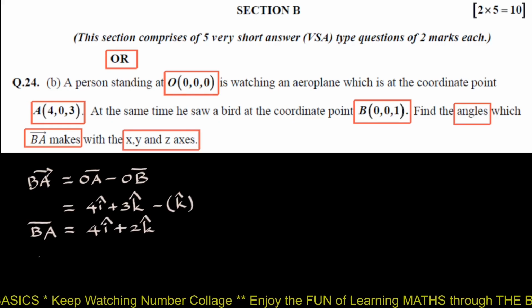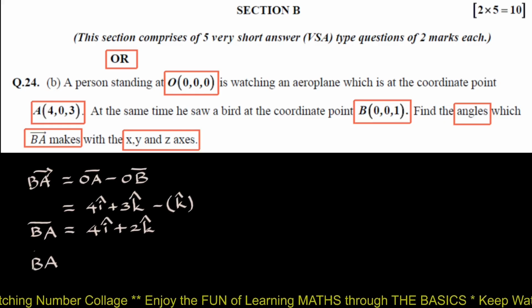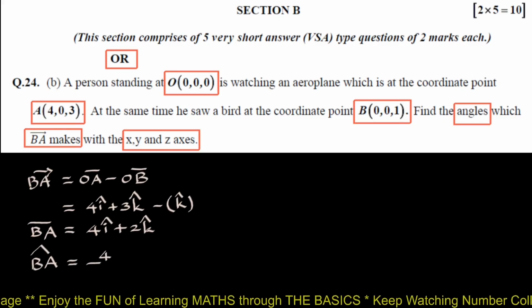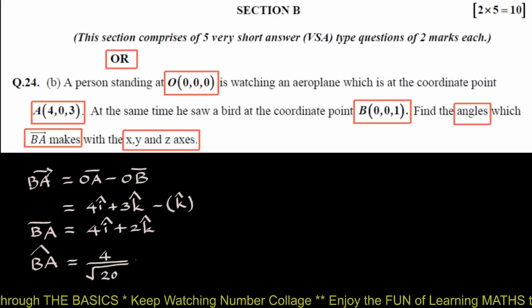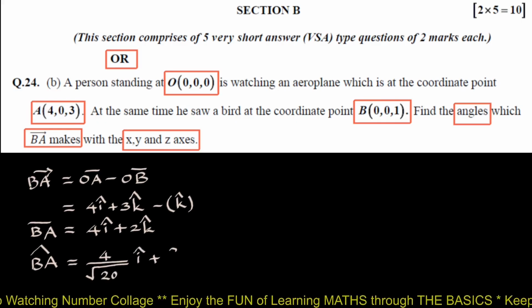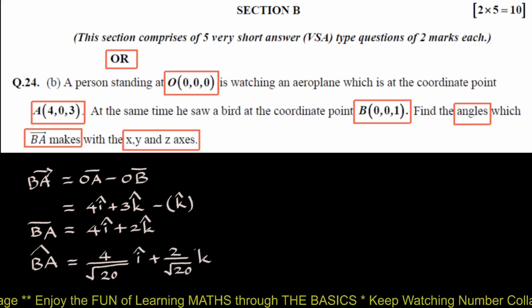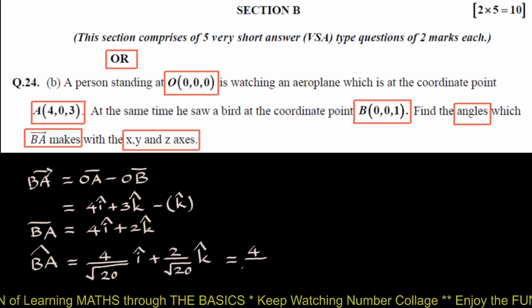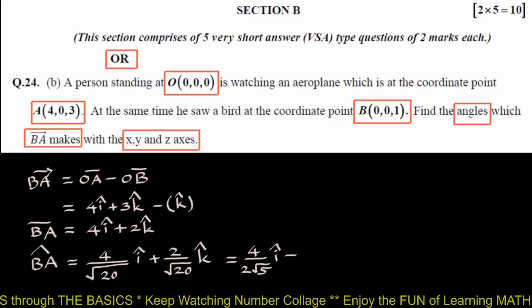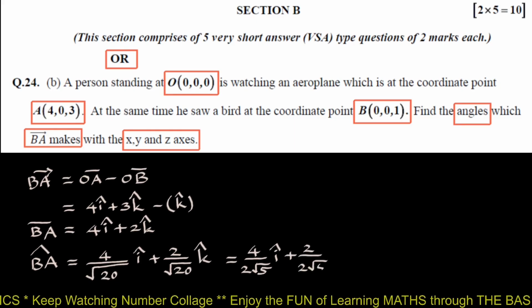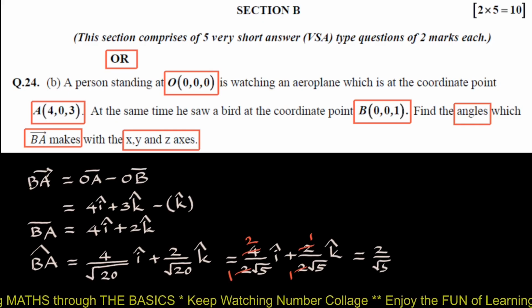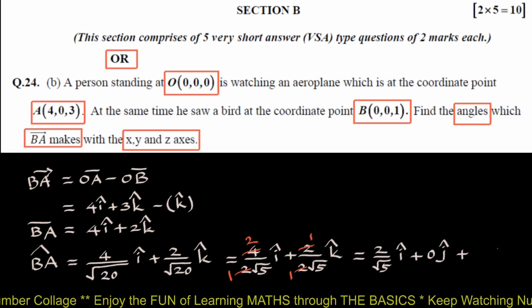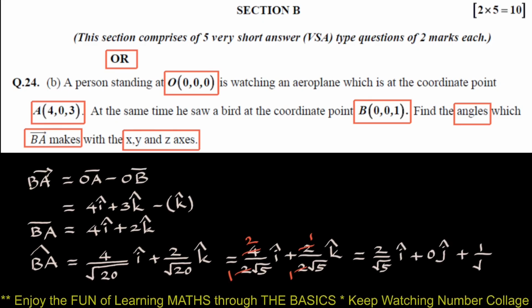Now the unit vector in the direction of BA bar will be BA cap, that will be 4 upon square root of 4 square plus 2 square, root 20, i cap plus 2 upon square root 20 k cap, that will be 4 upon 2 root 5 i cap plus 2 upon 2 root 5 k cap, which will be 2 upon root 5 i cap plus 0 j cap plus 1 upon root 5 k cap.